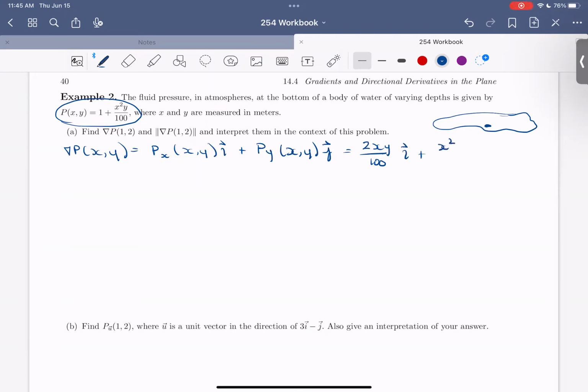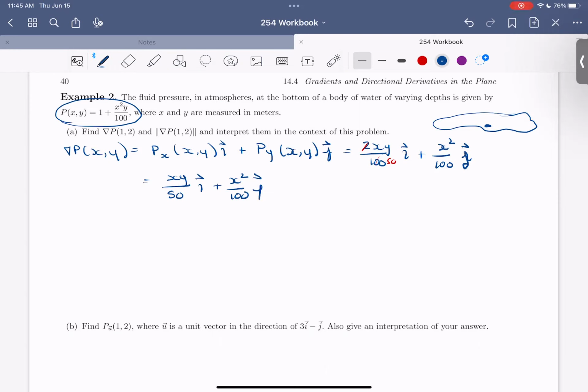So that would just be x squared over 100 j. All right, so we can simplify this a little bit further, cancel the 2 and the 100 to get 50. So this is just equal to xy over 50 i plus x squared over 100 j.